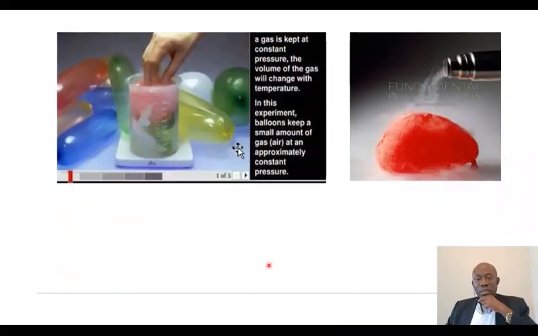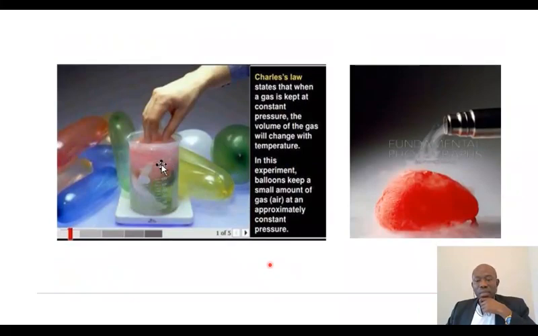The inflated balloon is put inside the liquid nitrogen, which is extremely cold and freezes objects. With the reduction in heat, the inflated balloon shrinks to a minimum and becomes very small.